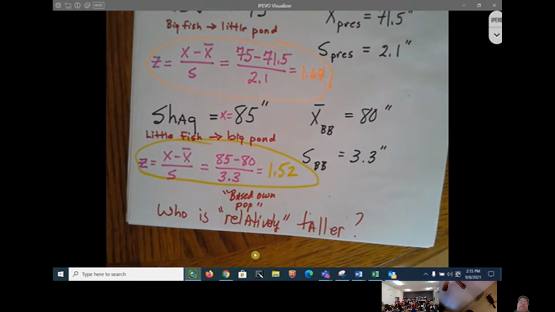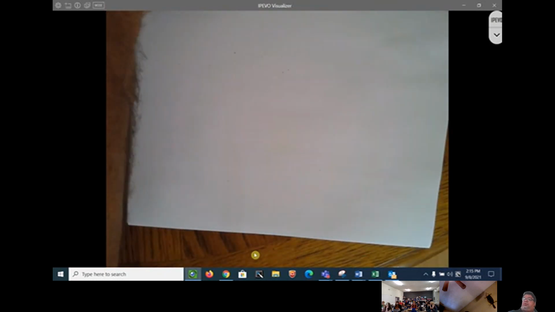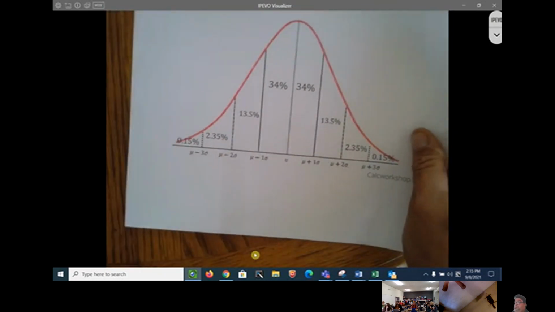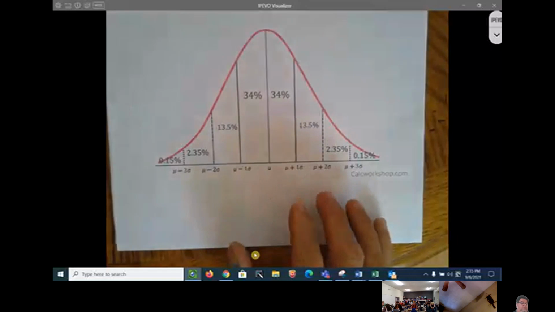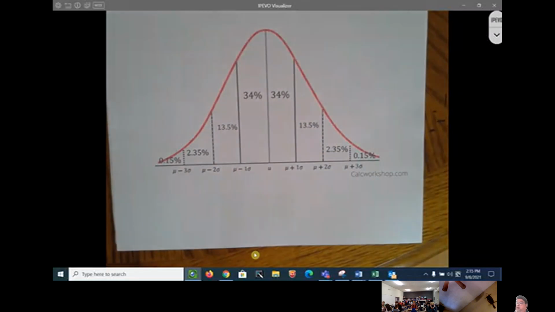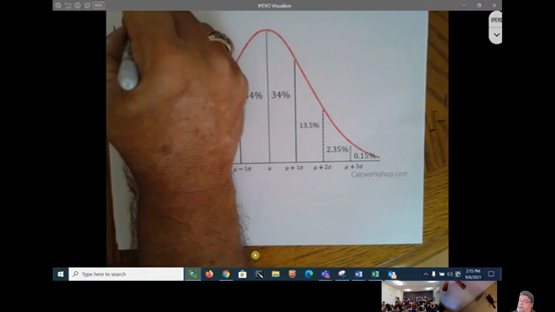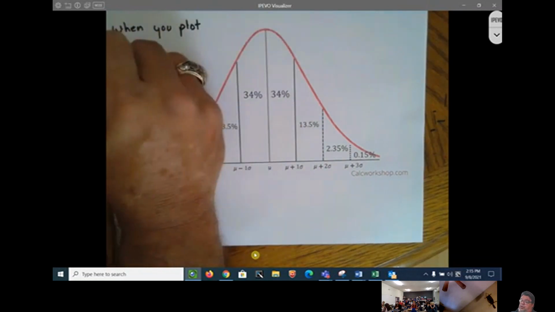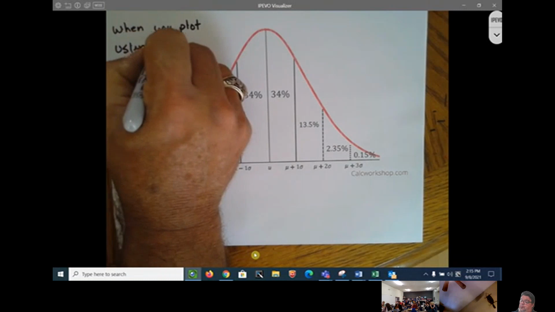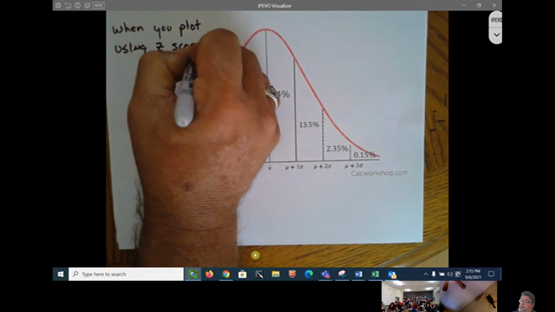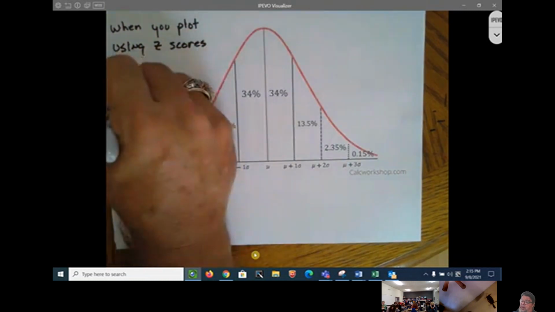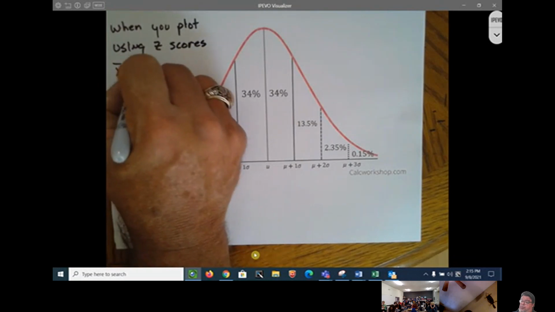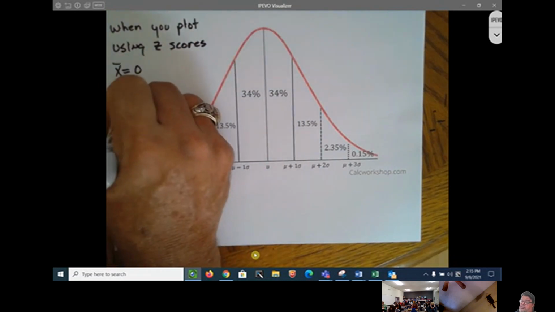So we have to plot these on the table. Now, when you plot using Z-scores, the mean is equal to 0 and the standard deviation is equal to 1.